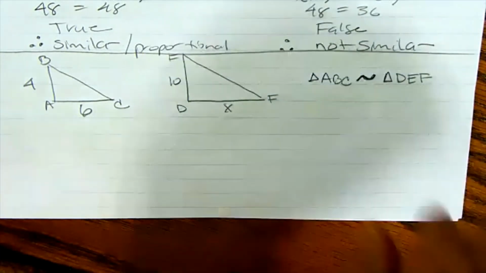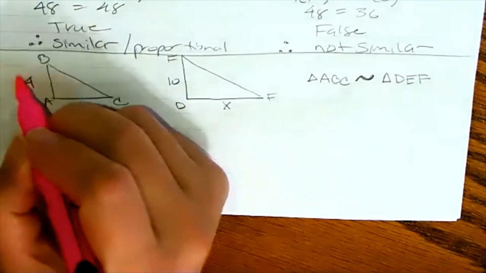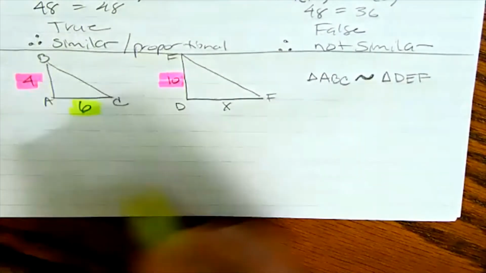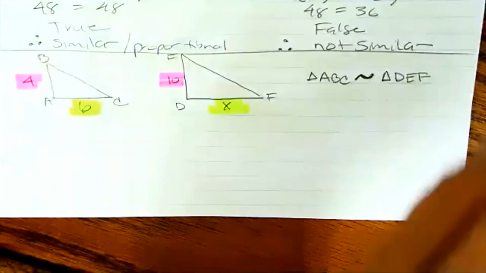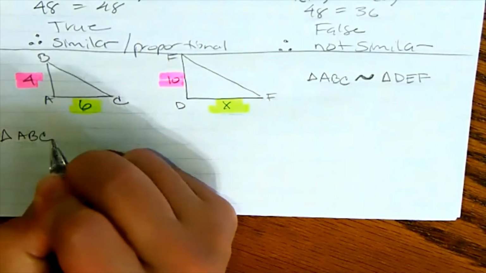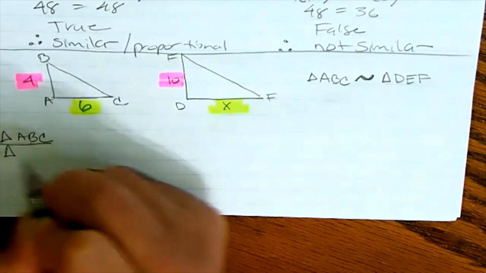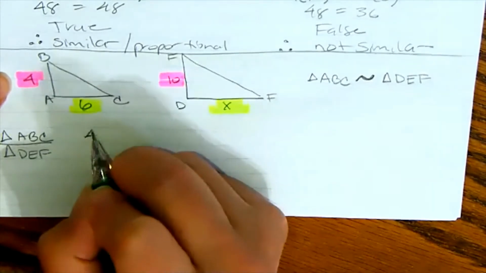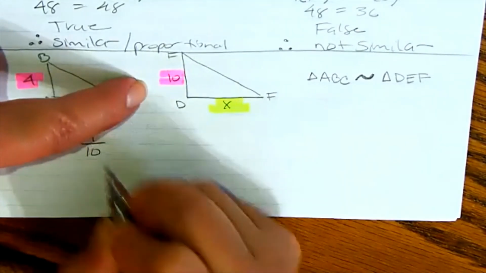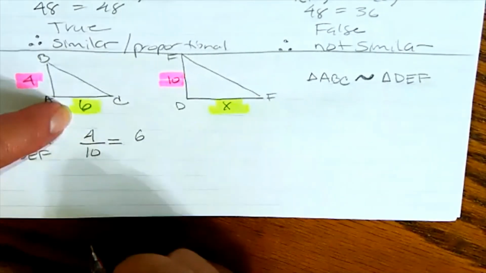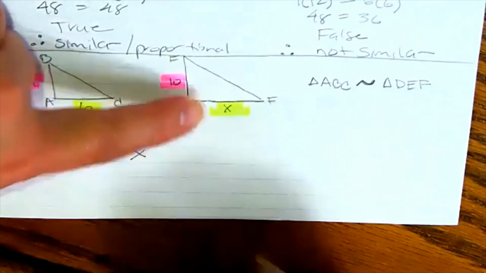So we need to find the corresponding sides. We have the height corresponds to the height, and the width corresponds to the width, okay? So we've got triangle ABC over triangle DEF. So the height over the height should be equal to the width over our unknown.